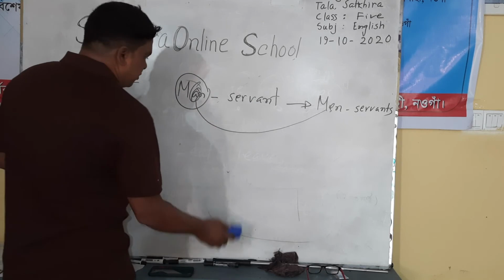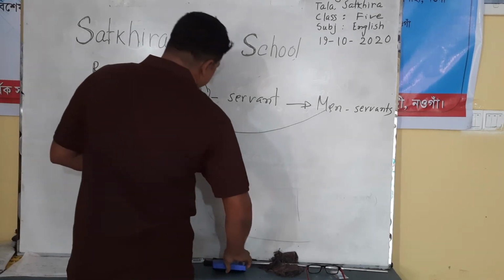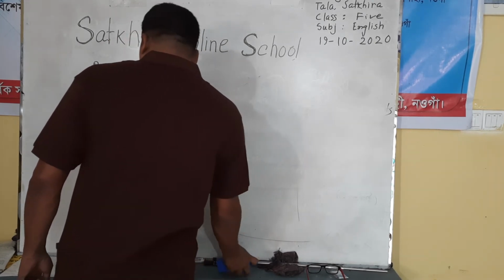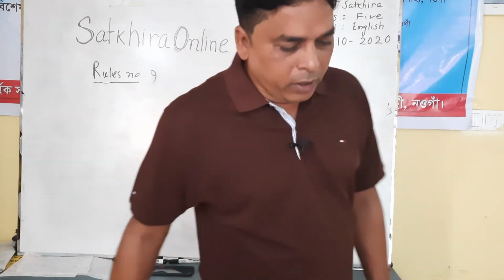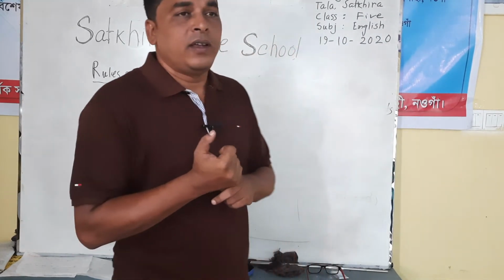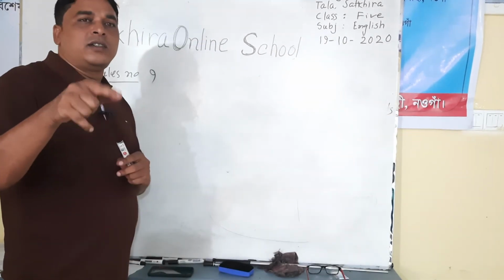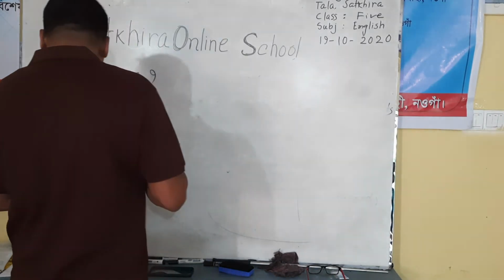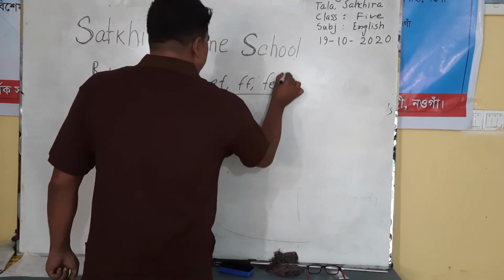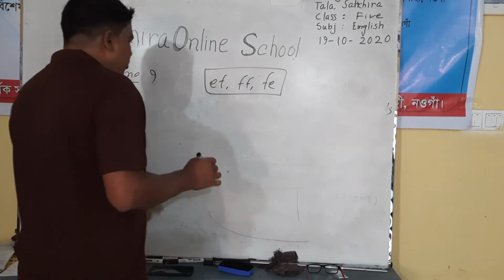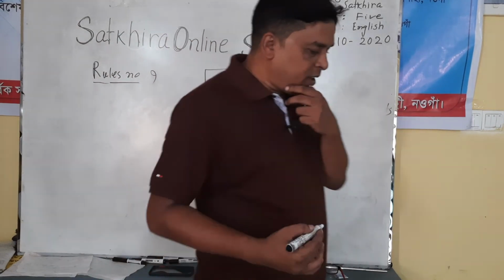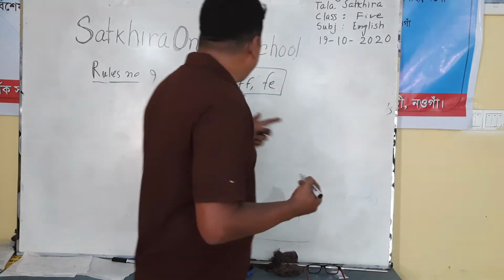Rule number 9. Sometimes with some common words that end in F, EF, FE, or FF, we can just add S at the end of the word and make it plural, like roof.